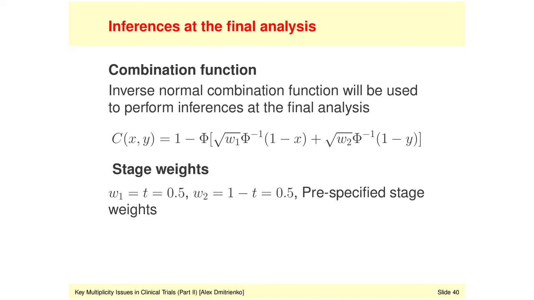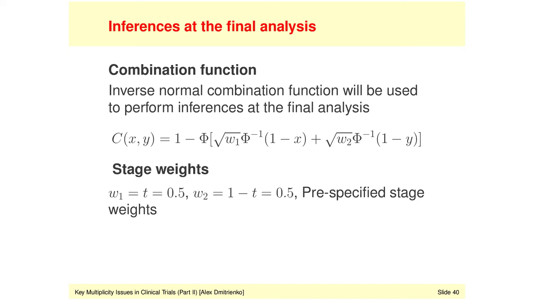And to be able to perform inferences that control the alpha at the desirable level, we will need to apply a combination function. We talked in the first section of this module that most commonly the inverse normal combination function is utilized in clinical trials, and that's exactly the approach we're going to use.